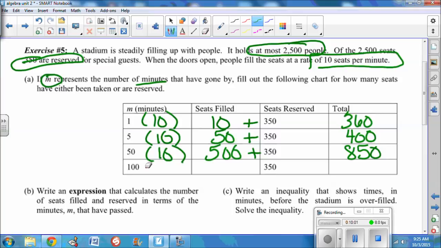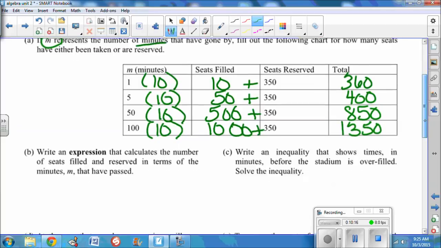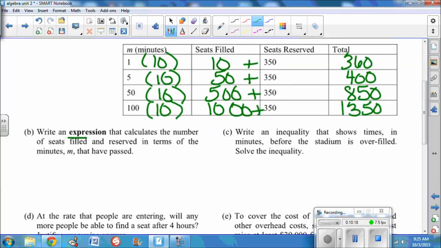Now after 100 minutes, so almost close to 2 hours, we end up with 1,000 seats filled up, plus our reserved gets us to 1,350.